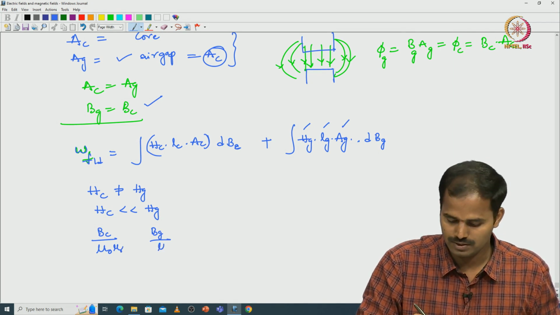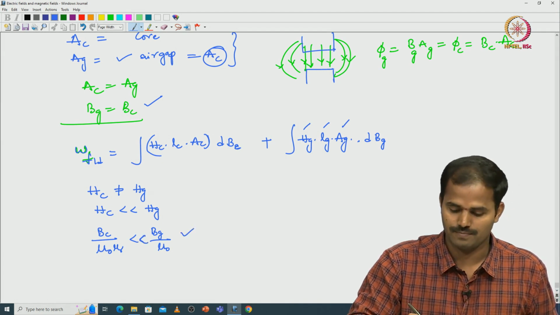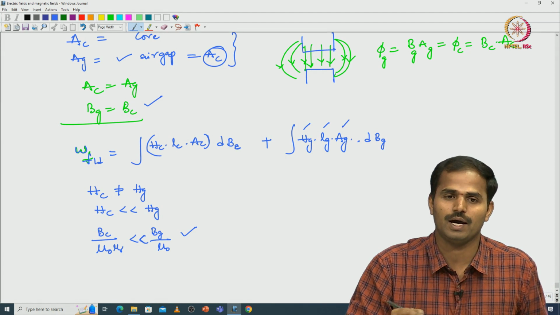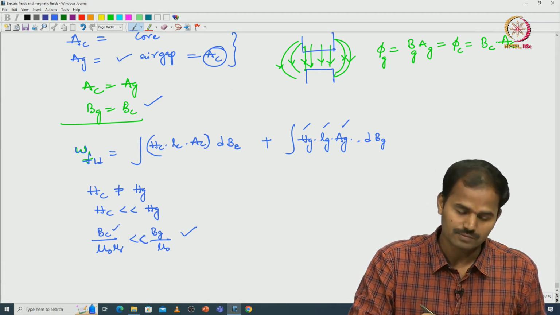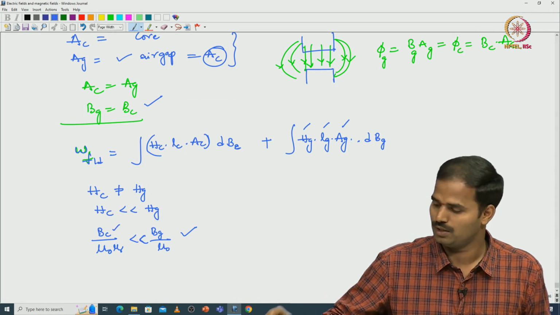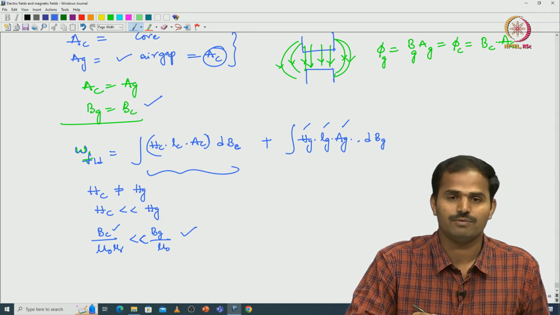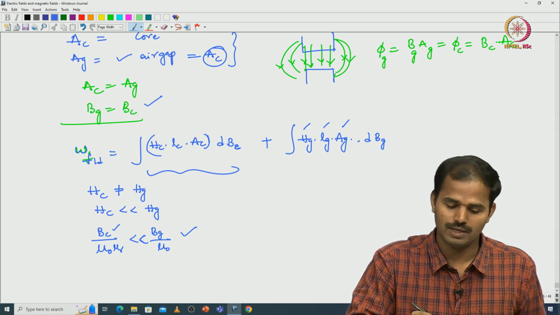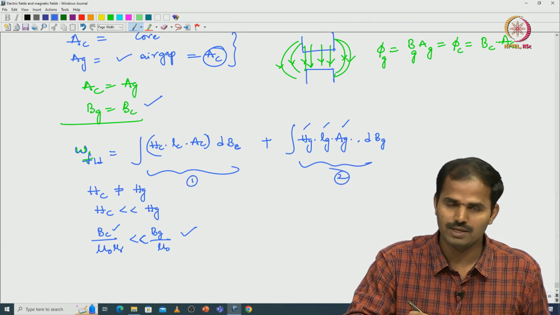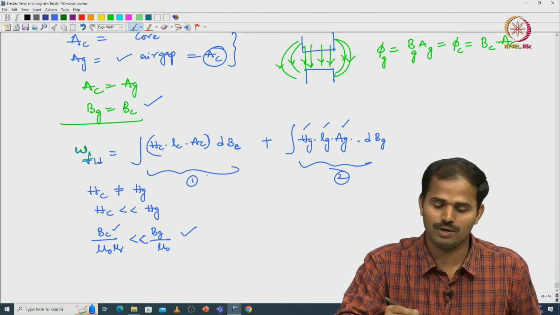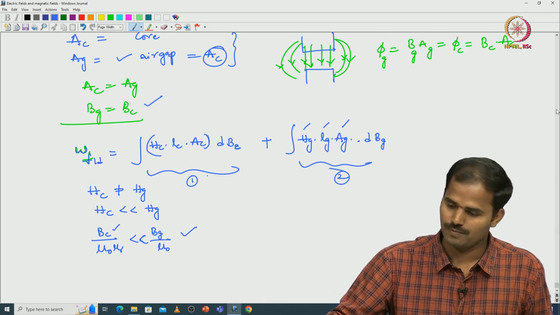Here Hg is Bg by mu naught, so this value is larger as compared to the core intensity Bc by mu naught mu r. So the first term, the magnetic field energy with respect to the core, we can neglect, and we consider the second term. The first term is the field energy in the core and the second term is the field energy in the air gap.